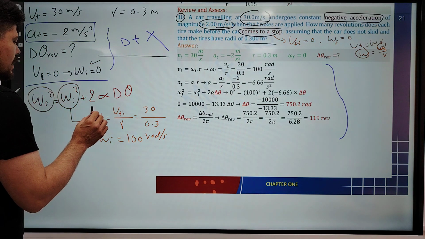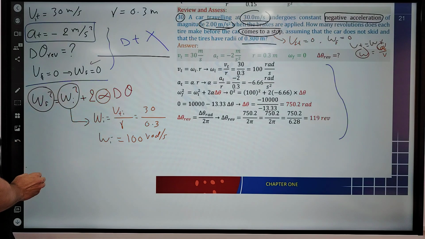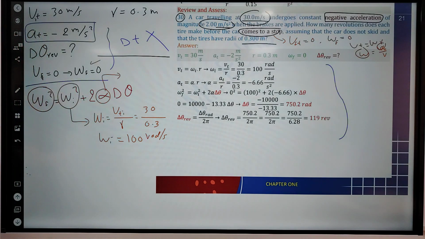Okay, now we have another problem. Do we have angular acceleration? We don't have angular acceleration. But instead of angular acceleration, we have tangential acceleration.